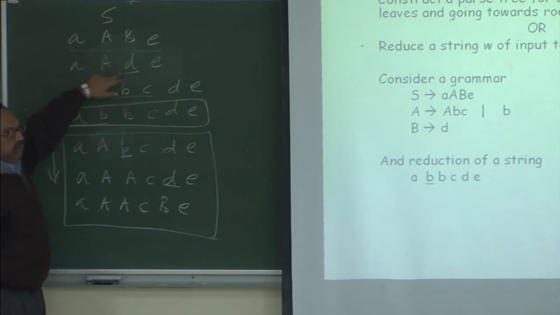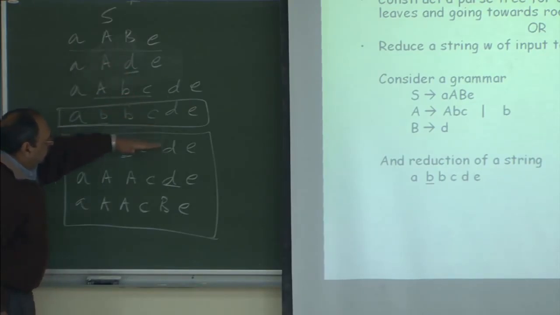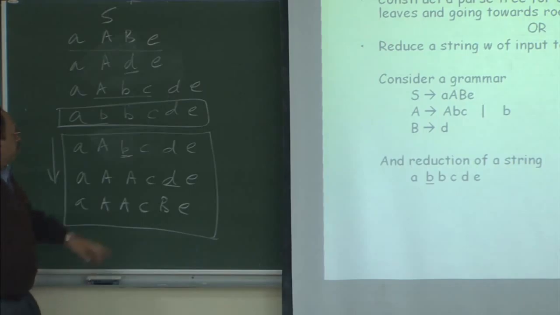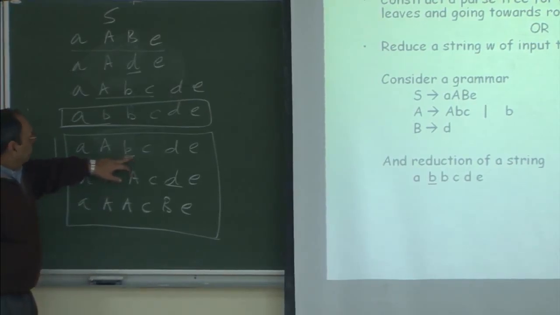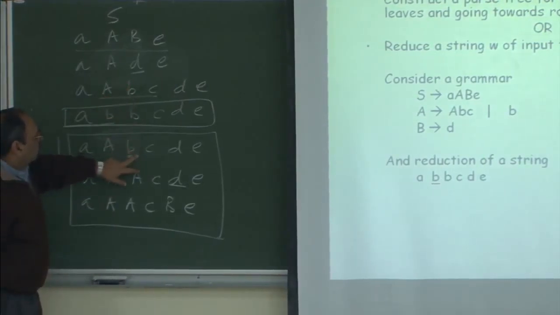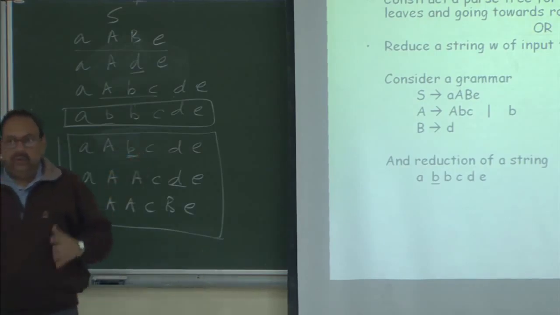I can show it through these steps, but the only problem in this part was that at some point, rather than making this choice of matching, I made this choice. Now that's an issue.